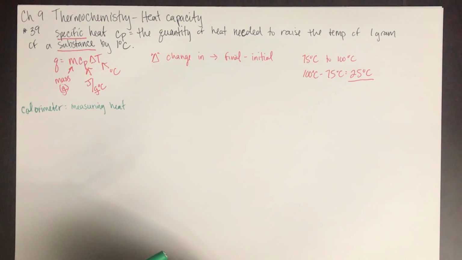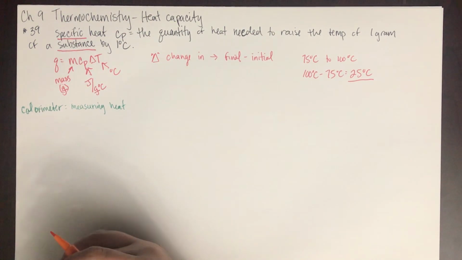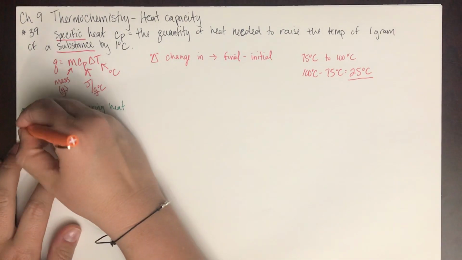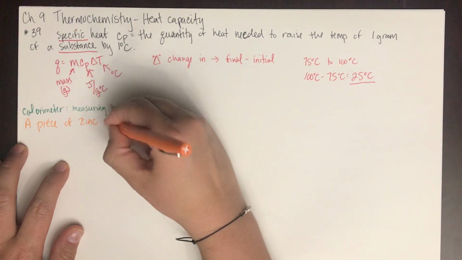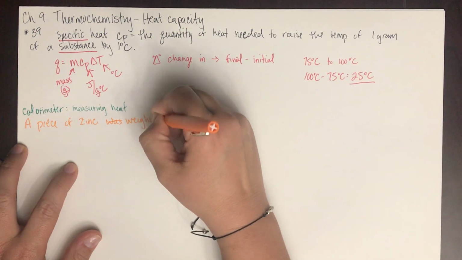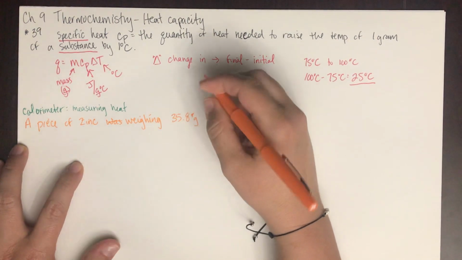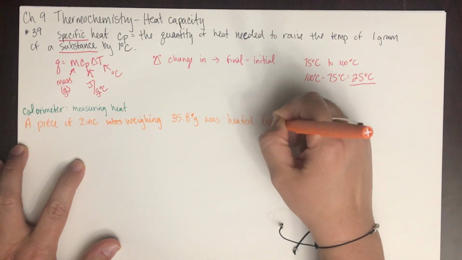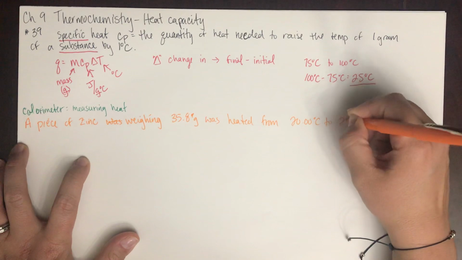Okay, so let's look at an example. I'll write this out. It says a piece of zinc weighing 35.8 grams was heated from 20 degrees Celsius to 28 degrees Celsius.